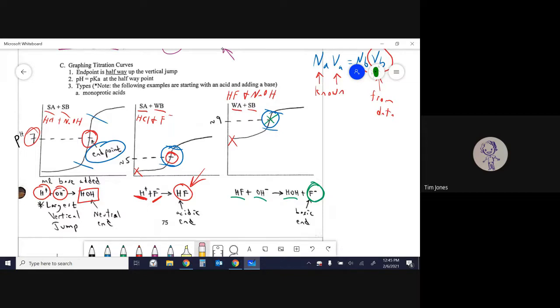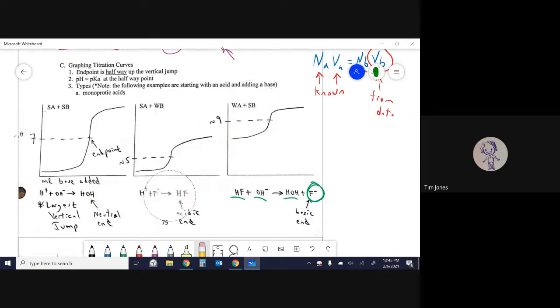And now let me clear this up. It's gotten a little messy. And let's take a look at this thing I mentioned here. I really wish I had more in the notes about this, but I'll just explain it now. When it says the pH equals the pKa, it's the pKa of the acid.